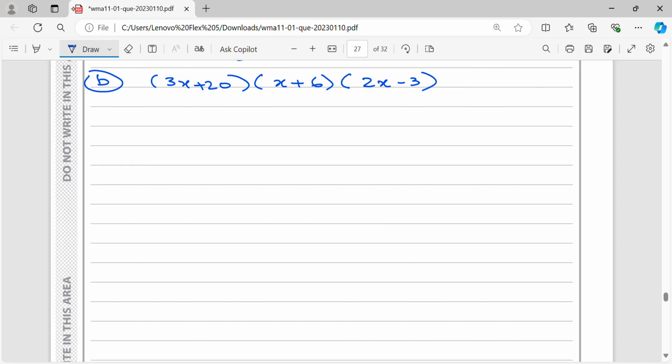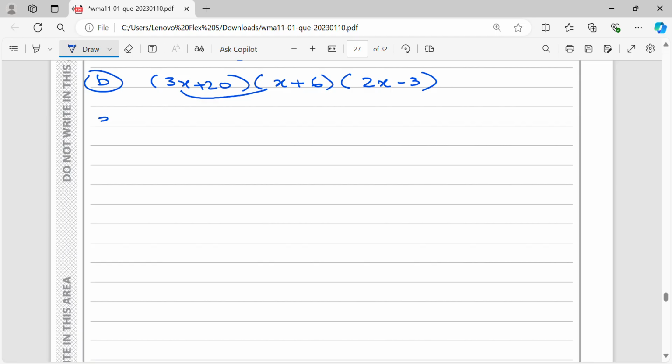You'll get the same answer. I am going to expand the first and second, then collect like terms, and later expand with the third expression.